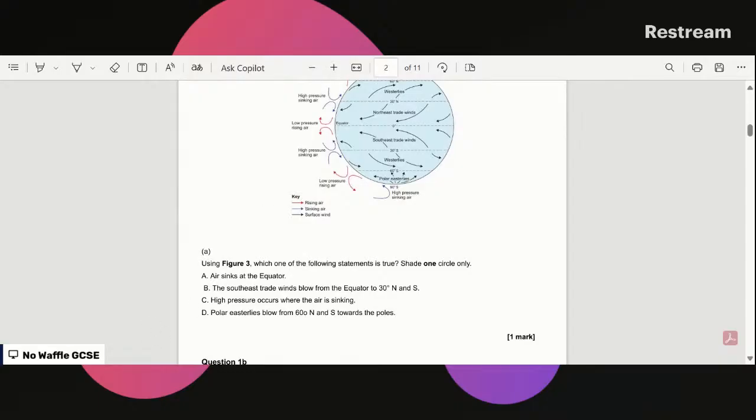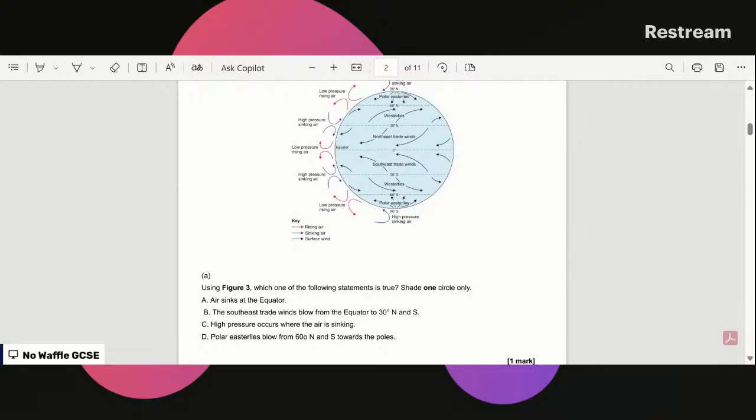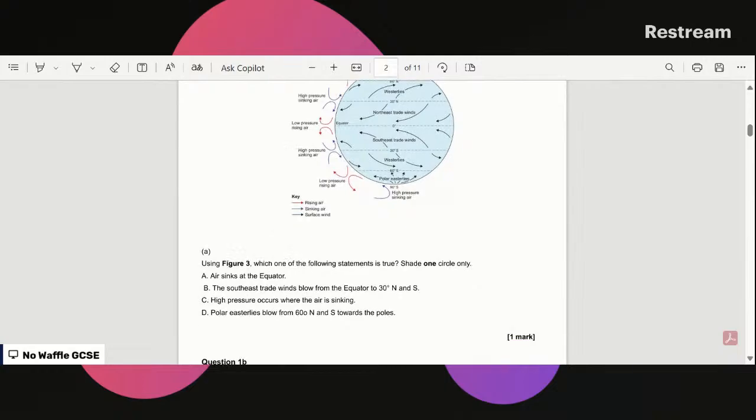The southeast trade winds blow from the equator to 30 degrees north and south. So let's look at the diagram. Nope, that is incorrect. C, high pressure occurs when the air is sinking. We know that's true. There's high pressure when air sinks and low pressure when air rises. So C is the correct answer.